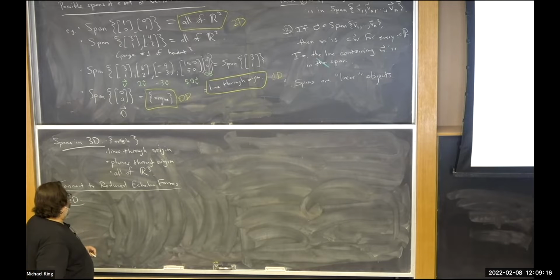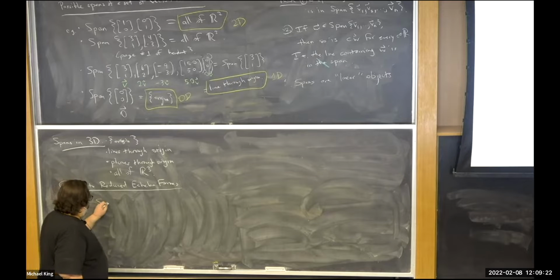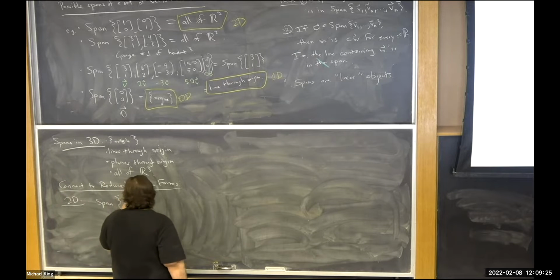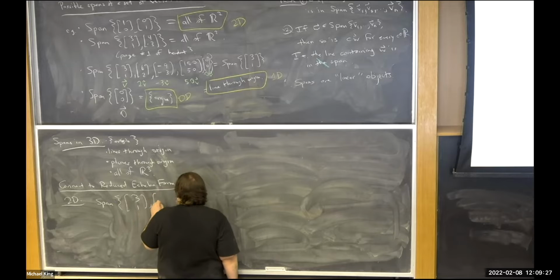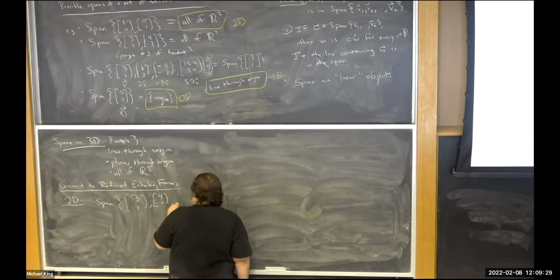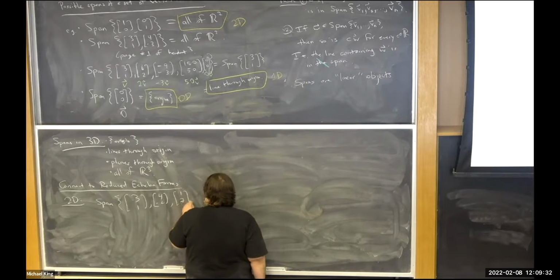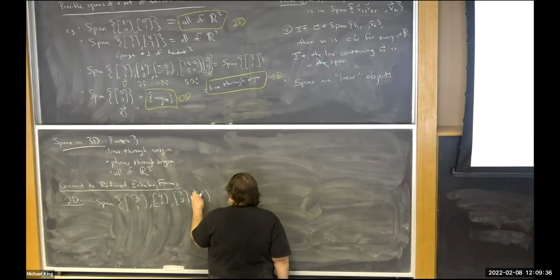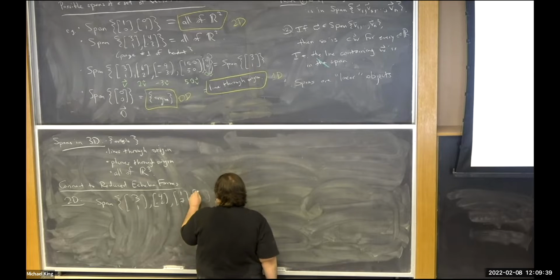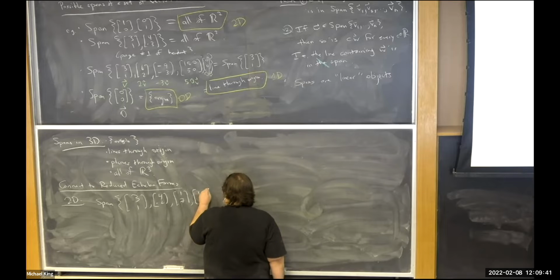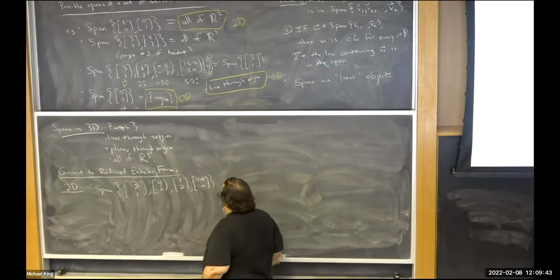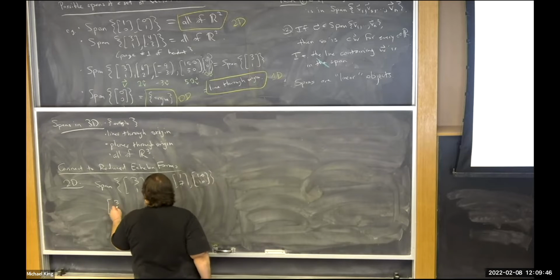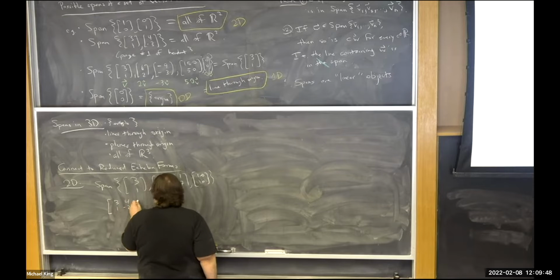So if I have the span of (3, 1), (4, -2), (1, 7), (10, 10), let's take the matrix where these are the columns.